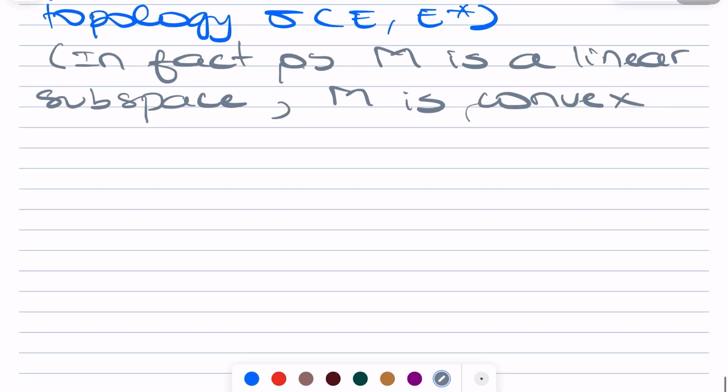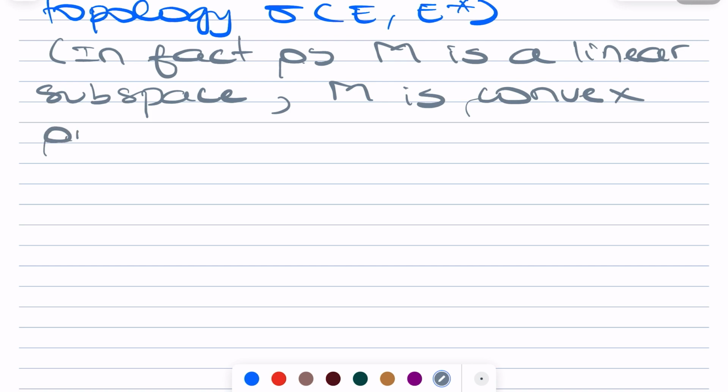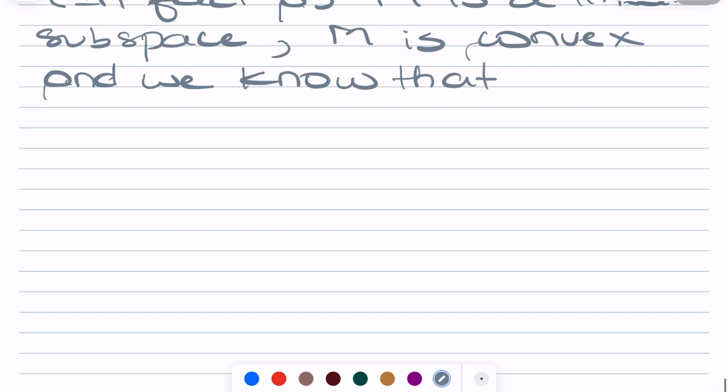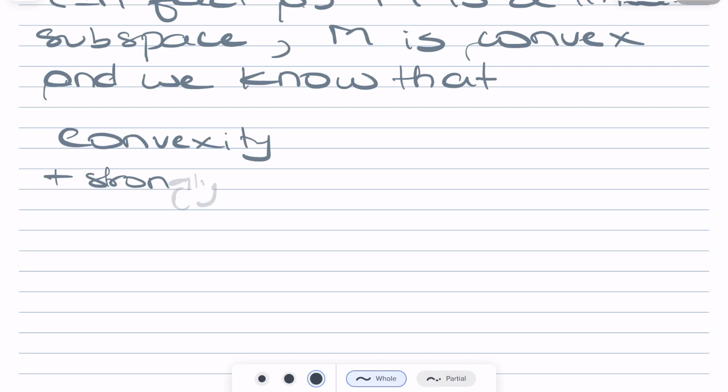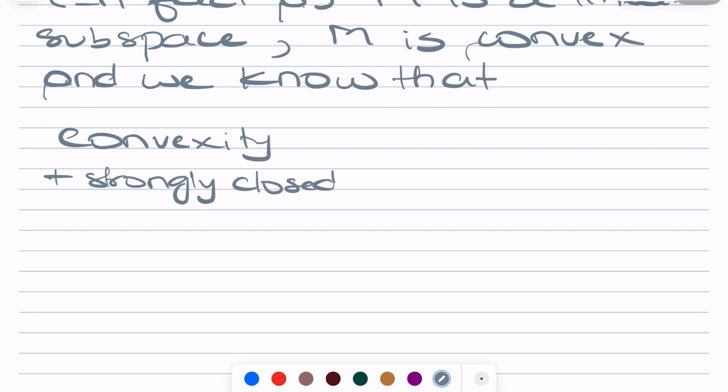And we know that convexity plus strongly closed, if you have a set which is convex and strongly closed, is equivalent to saying that the set is weakly closed.